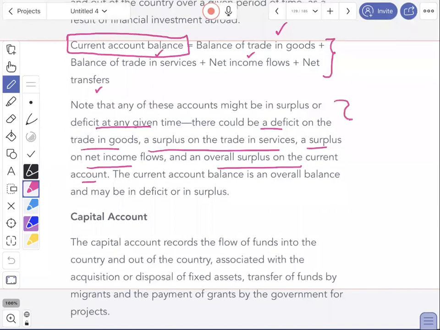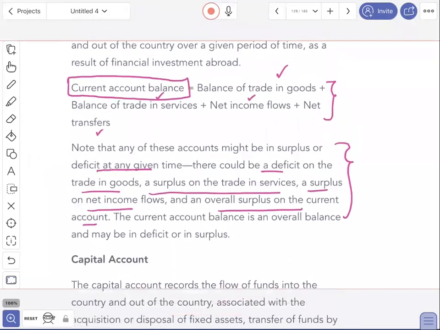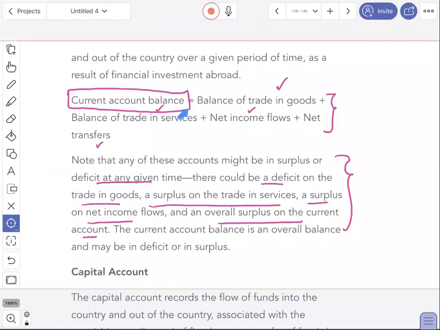What we're trying to say is that you could have any of these things in surplus or deficit for current account balance to be surplus or deficit. Because the current account balance is made up of many components like goods and services, income flows, and net transfers, any of these can be positive or negative. Okay, so that's the first thing.